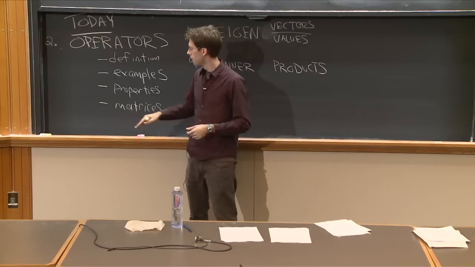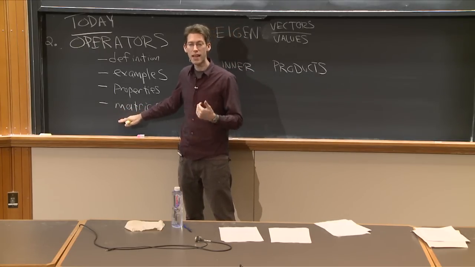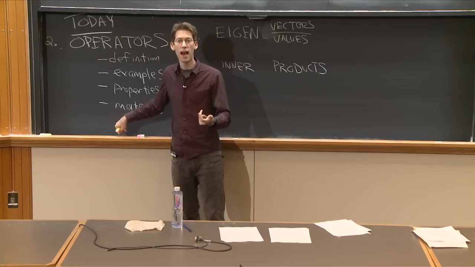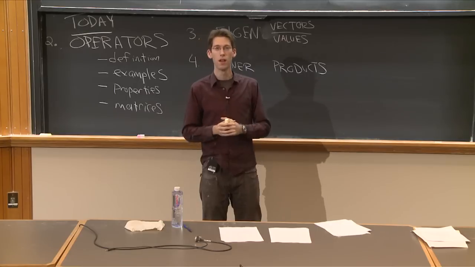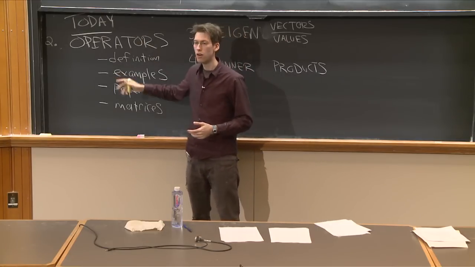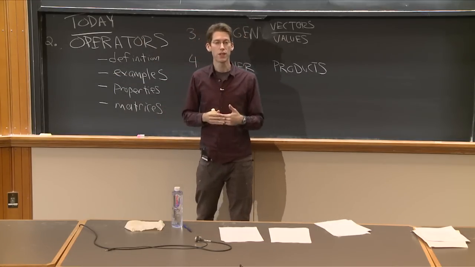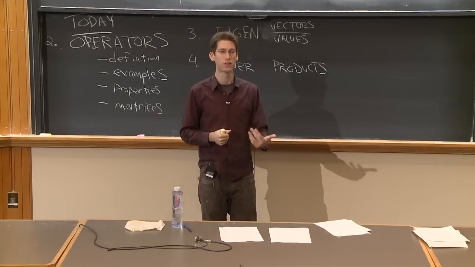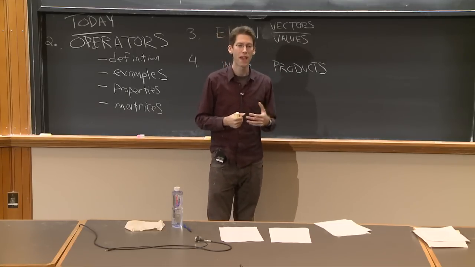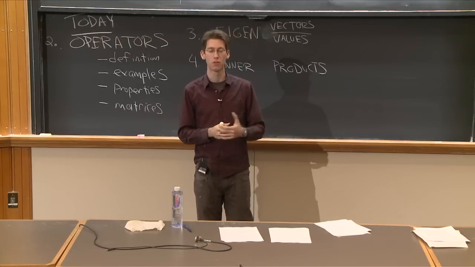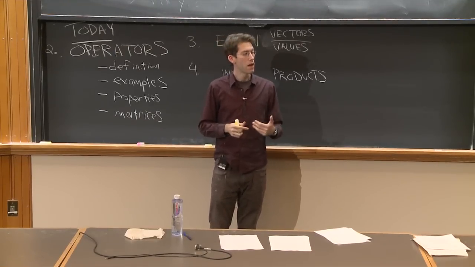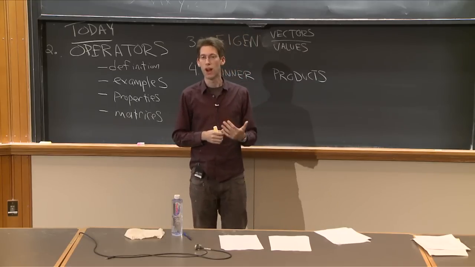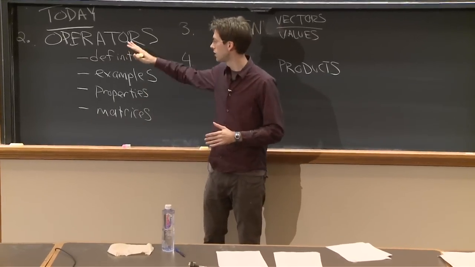In a sense they're equivalent to the familiar idea of matrices, which are squares or rectangles of numbers, but they work in this more abstract setting of vector spaces, which has a number of advantages. For example, being able to deal with infinite dimensional vector spaces, and also being able to talk about basis independent properties. And so I'll tell you all about that today.